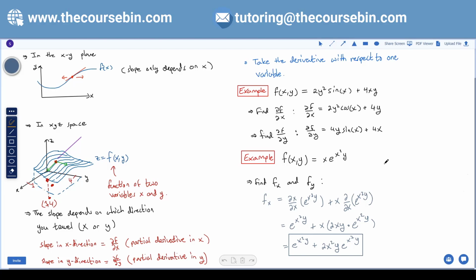Isn't it derivative of the first times the second, and then the first times the derivative of the second? Yeah, f prime times g plus f times g prime. So the derivative of the first, d dx of x, times the second, e to the x squared y, plus the first times the derivative of the second.